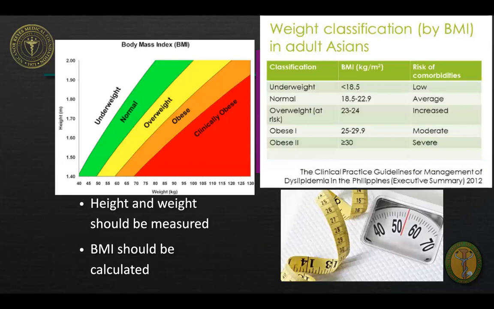Computing for the body mass index is a very important part of cardiovascular physical examination because abnormality, either overweight, underweight, or obese, will give you a strong risk factor for the development of cardiovascular diseases such as coronary artery disease, hypertension, and diabetes mellitus.